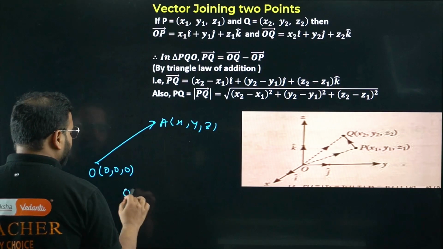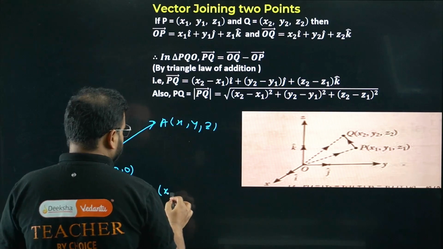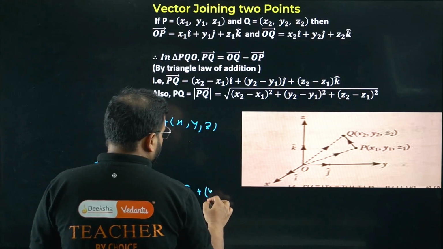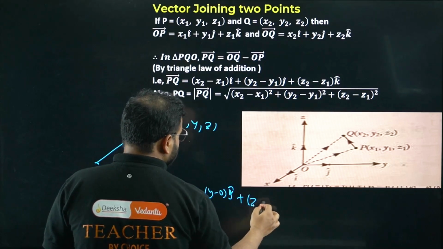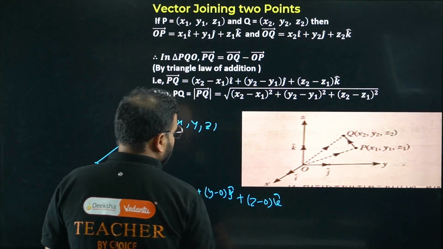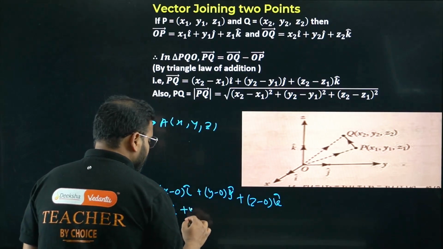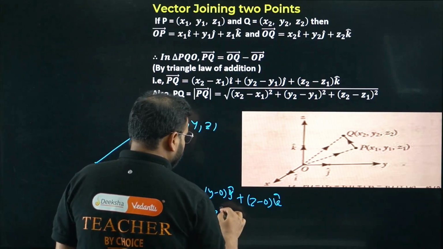So what you actually do, when you are writing the vector OA, is subtract: X minus 0, I cap, plus Y minus 0, J cap, plus Z minus 0, K cap. So this will become X i cap plus Y j cap plus Z k cap.